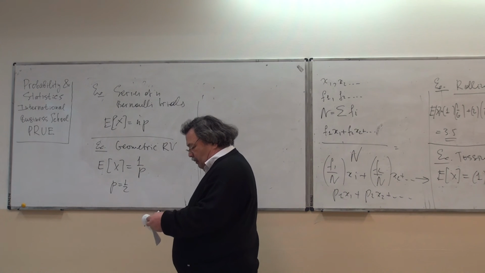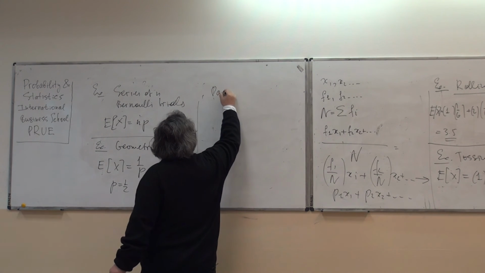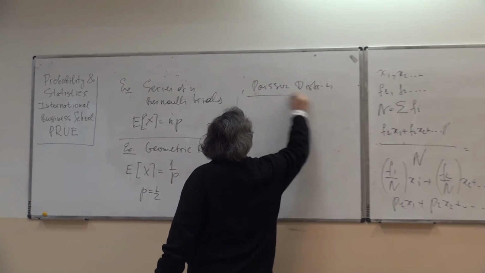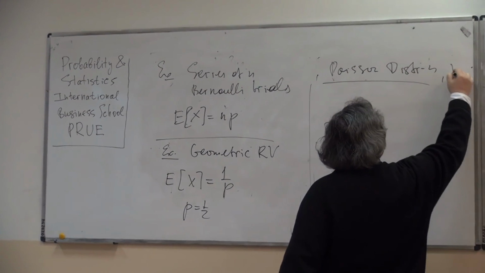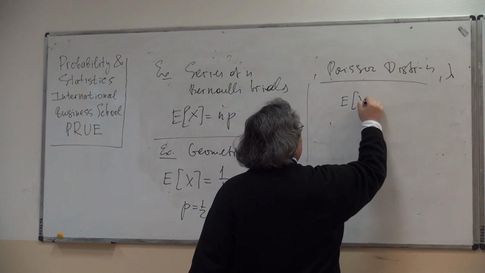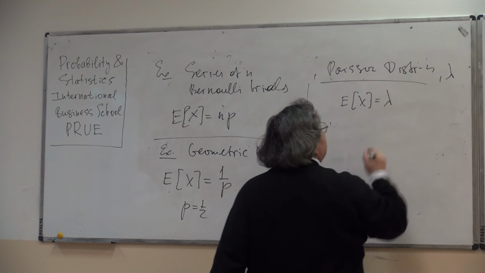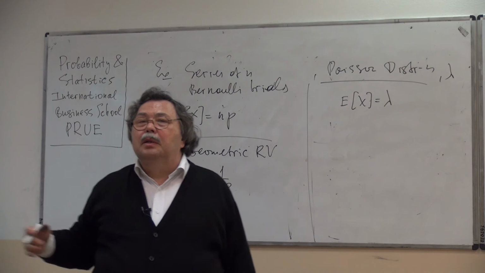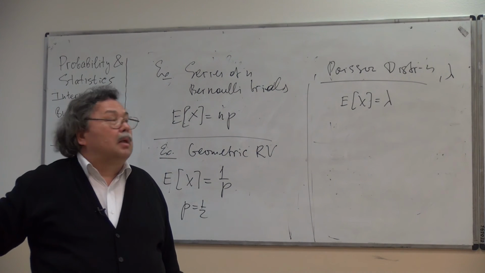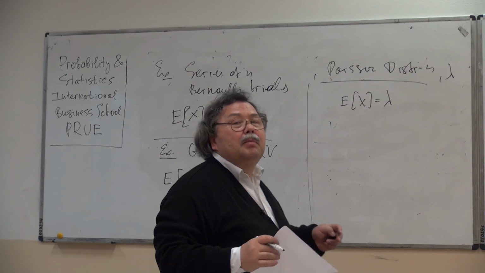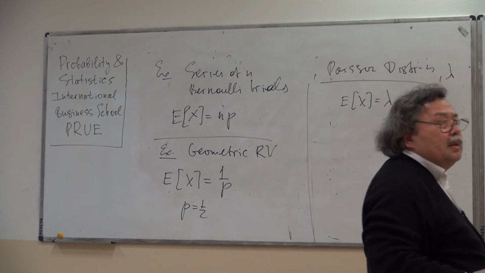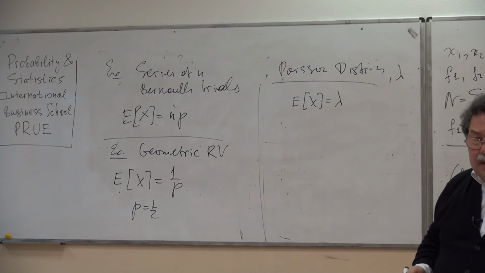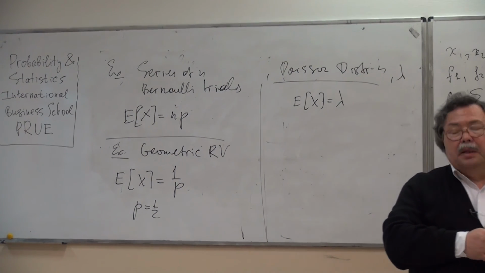And for a Poisson distribution with mean lambda, the expected value is lambda, which is absolutely intuitive. It is to be expected because lambda was introduced as the mean number of occurrences in this experiment anyway. All right, so these are just some examples of expected value.